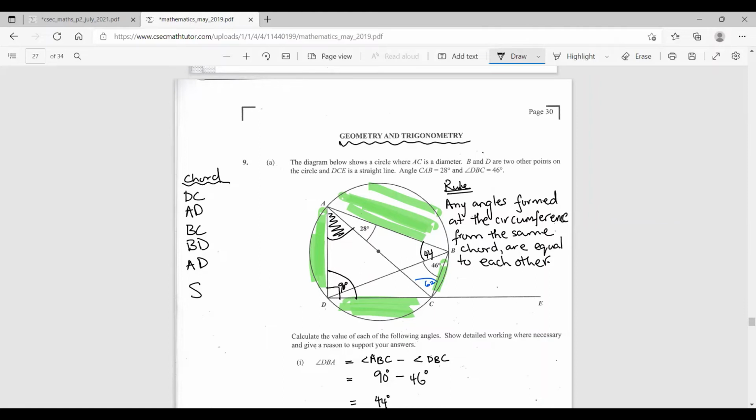So a sector is formed by two radii. So it's segments. So the space between a chord and the circumference is the segment. The sector is created between two radii.